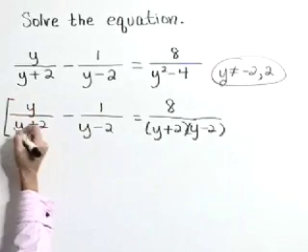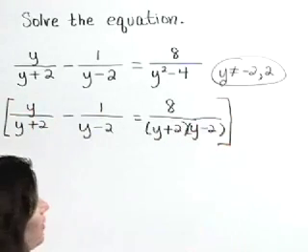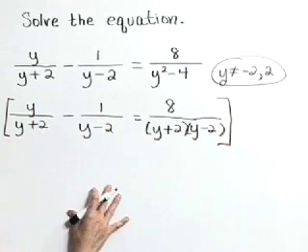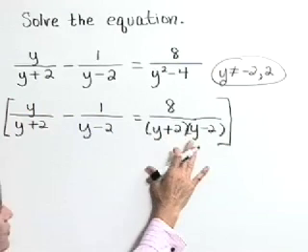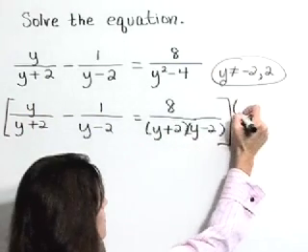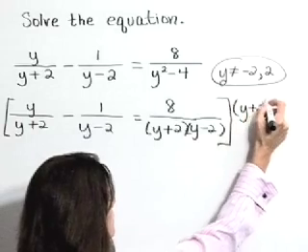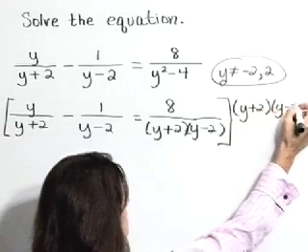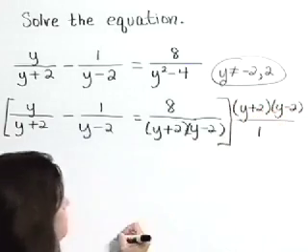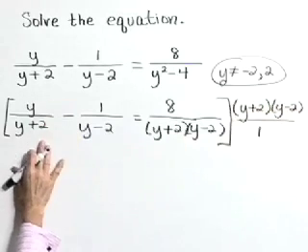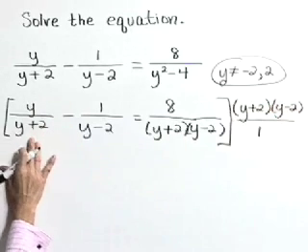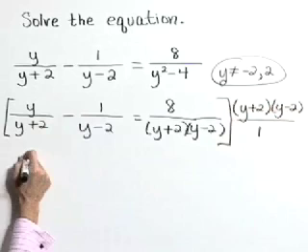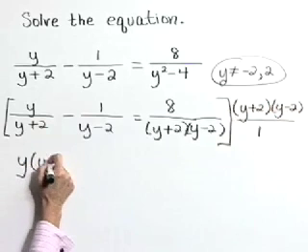Now, let's go about solving this equation by multiplying through by our lowest common denominator, which is y plus 2, y minus 2. As we multiply that times y over y plus 2, the y plus 2's cancel, leaving y times y minus 2.